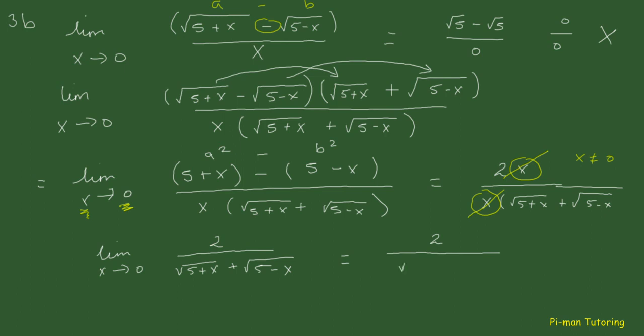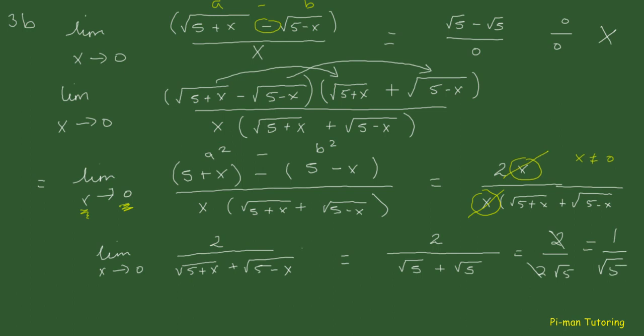And we're left with, on the bottom, root 5 plus root 5. So that's 2 over 2 lots of root 5. 2's cancel, and that gives us 1 over the square root of 5.